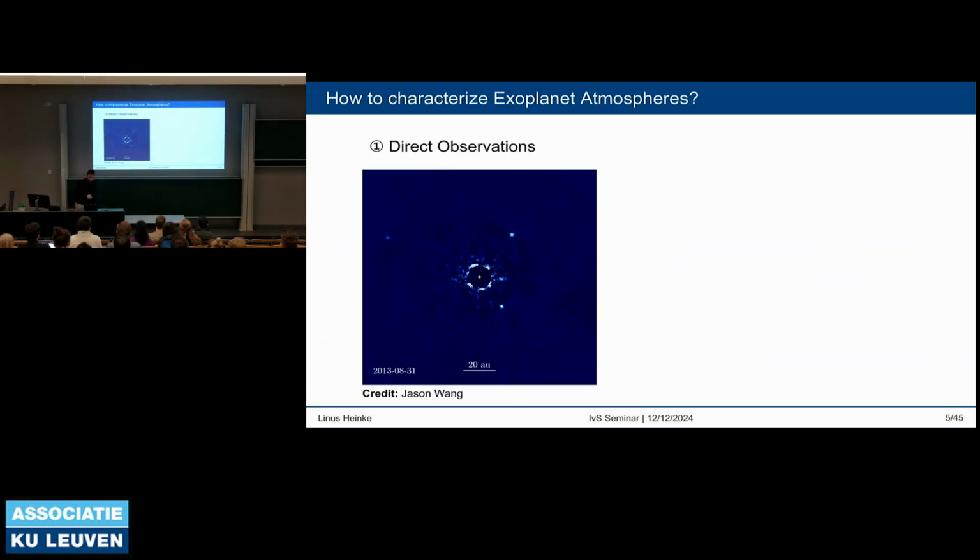Then how to characterize exoplanet atmospheres. The naive idea would be to just observe them directly, take a spectrum, which gives information about their emission, and then learn about their atmospheres. But we can see from this animation that the planets we can directly observe are typically quite far away.